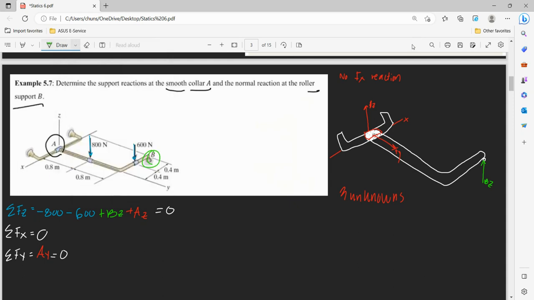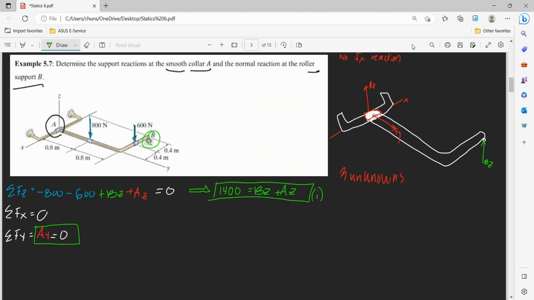So this is our first one solved. And let's develop an equation that looks a little better for this one. So let's move our 800 and 600 over. And this is 1400 is equal to Bz plus Az. I'm going to call this equation 1.